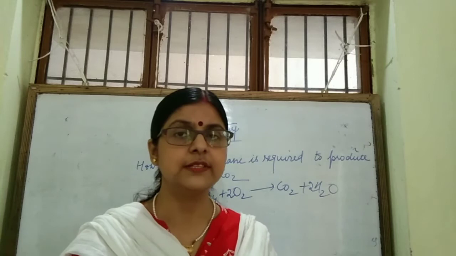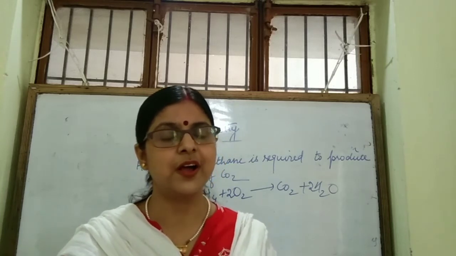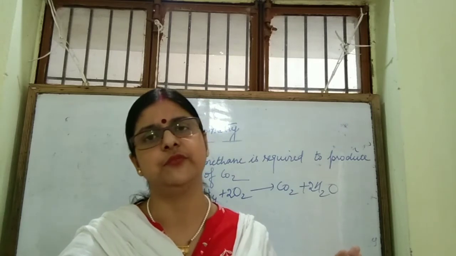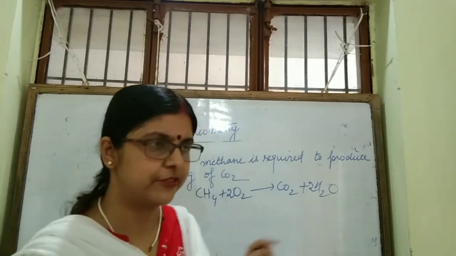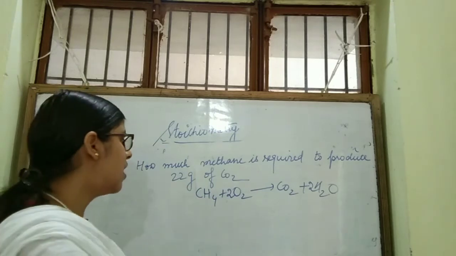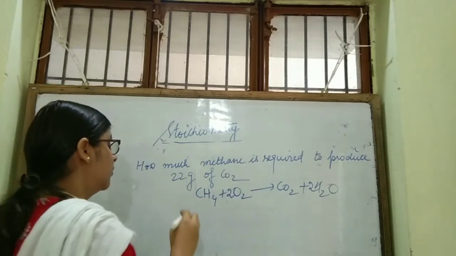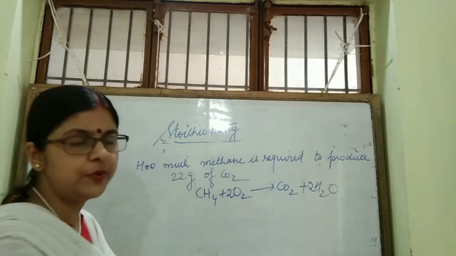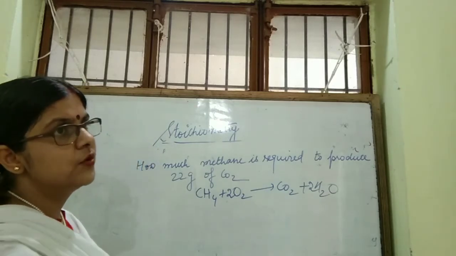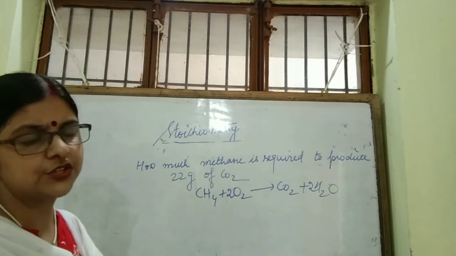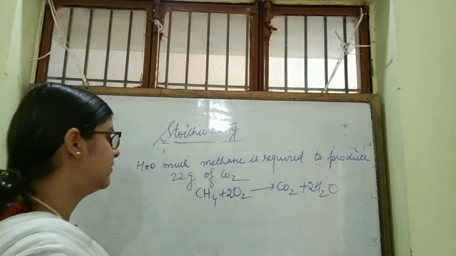Here, students, you remember the first task is to write the balanced chemical equation for the reaction. We have written it. Now we'll find out the stoichiometry, that is, the ratio of the reactants and the ratio of the product to the reactant.